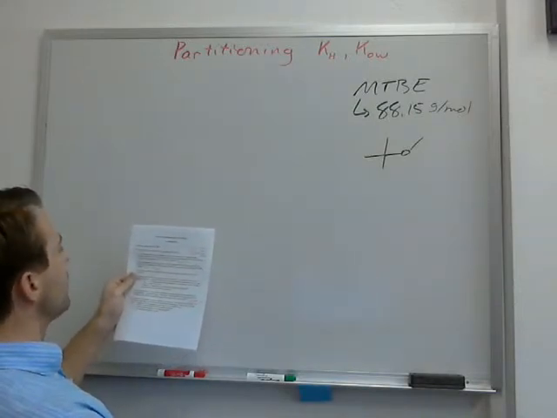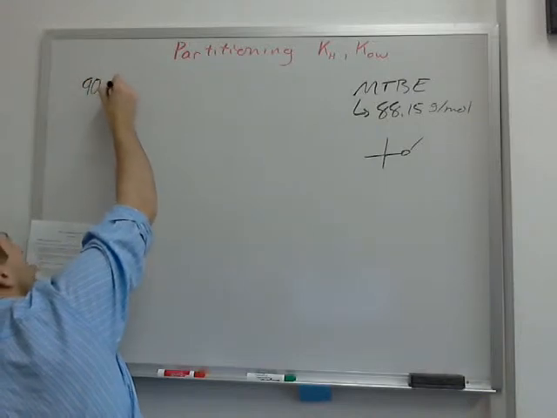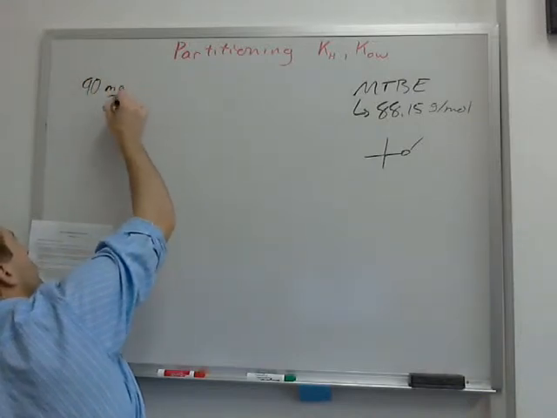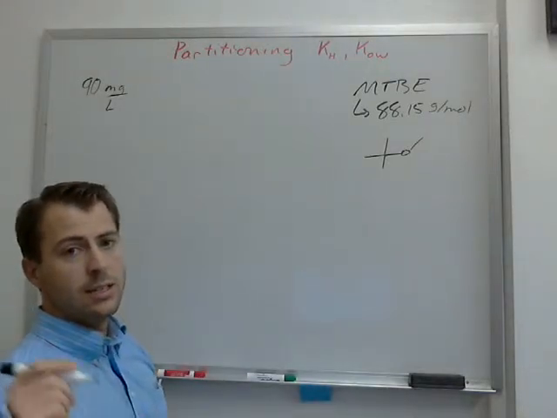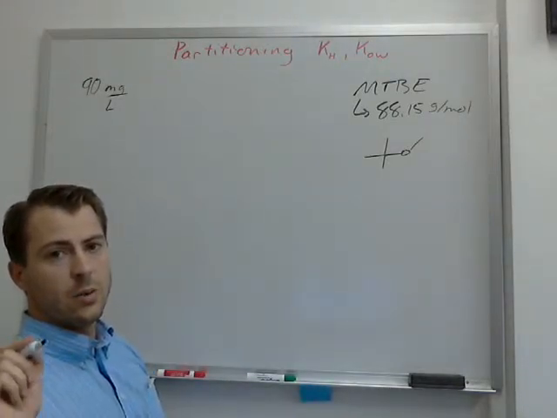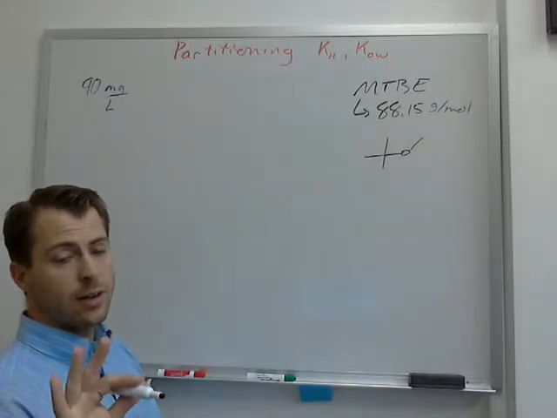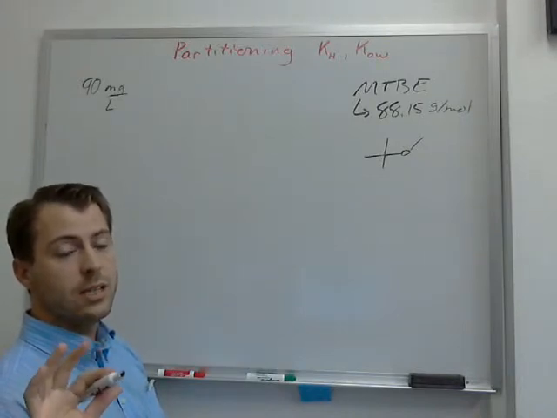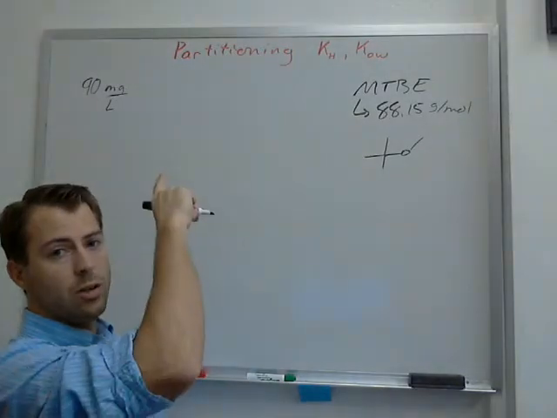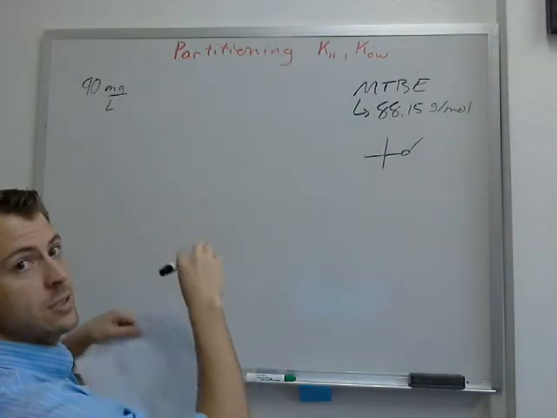So we know the concentration is 90 milligrams per liter, which is also in solution chemistry. For liquid phases, we can express milligrams per liter as parts per million. We're not going to do that right now, but just know that maybe you will have information given to you in the solution phase as ppm, and you're supposed to know that that converts directly to milligrams per liter in mass units.